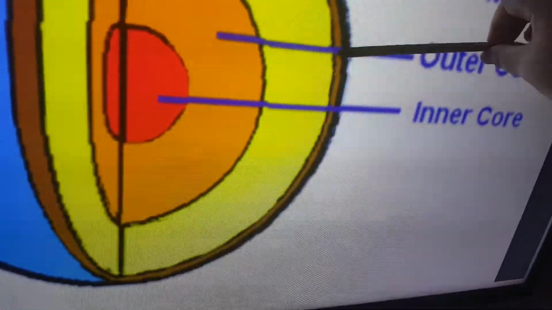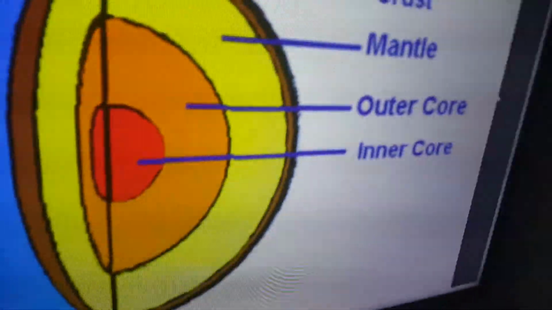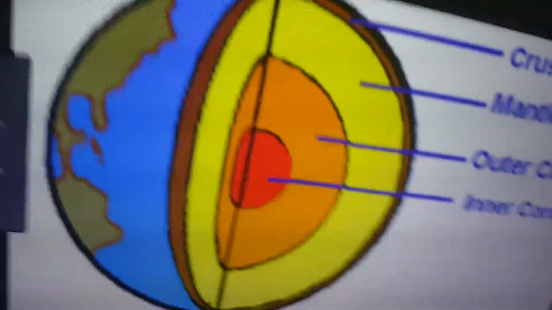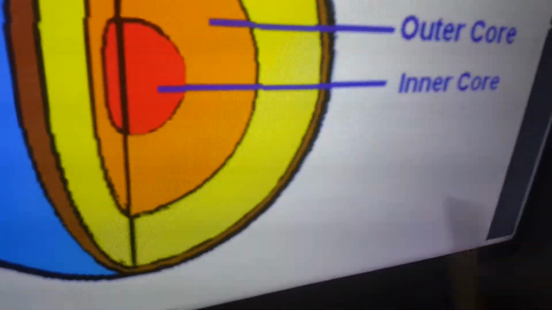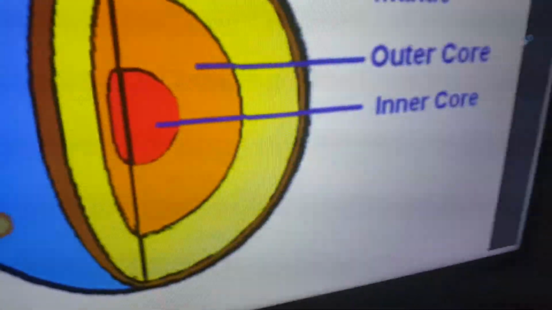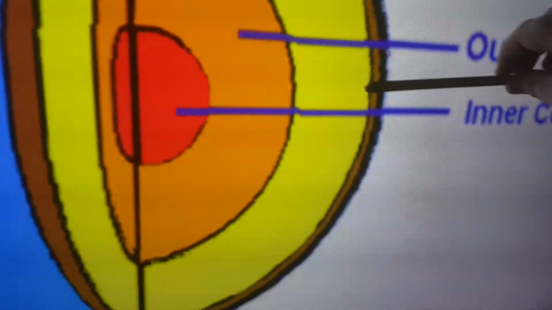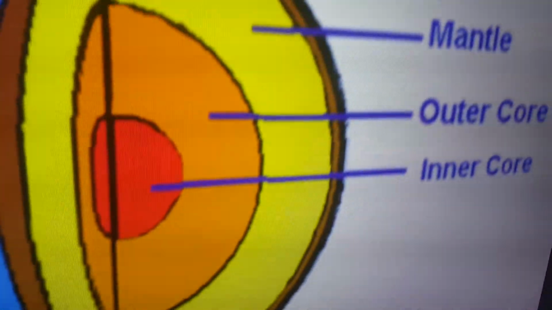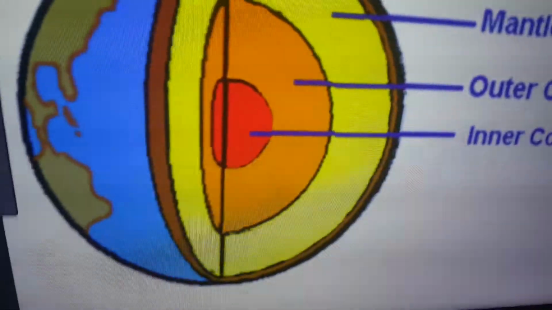For our maximum depth, we've only been about 7 miles into the Earth. We haven't even gone close to the outer core. We got probably really close to the mantle, but we nowhere reached the core.